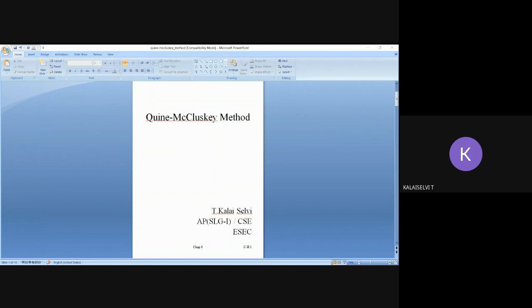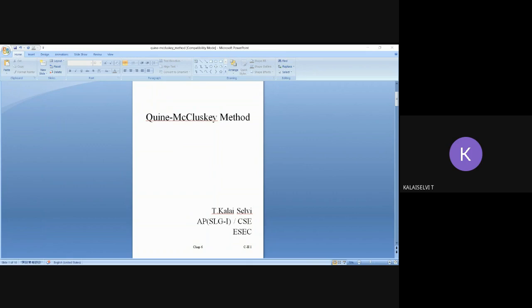Determination of prime implicants: eliminate literals. How can we eliminate literals? Two terms can be combined if they differ in exactly one variable. Consider these two terms, a b dash c d dash and a b dash c d. In this, d dash and d differ.